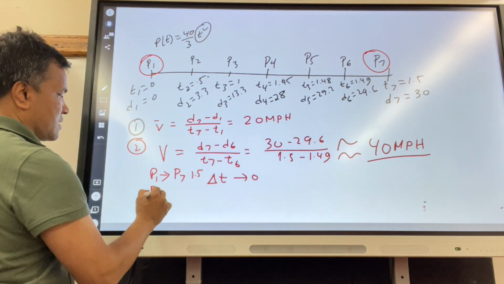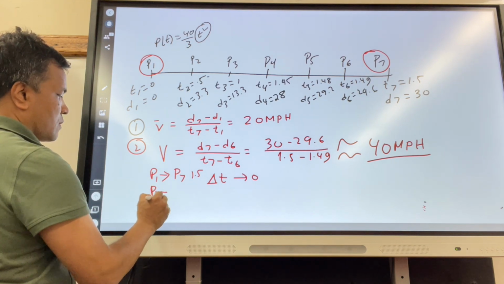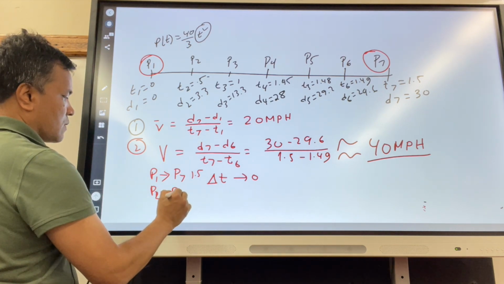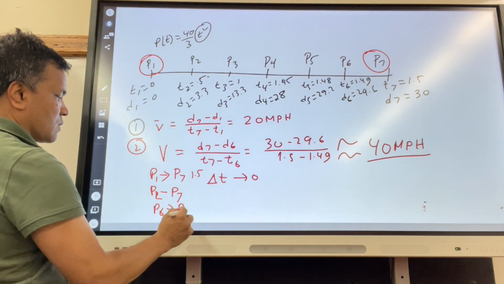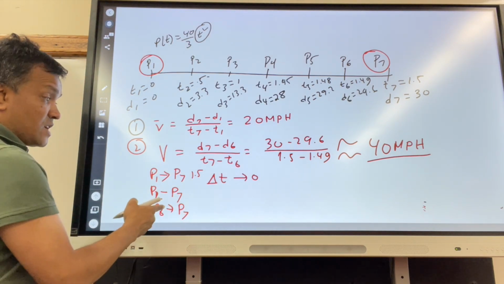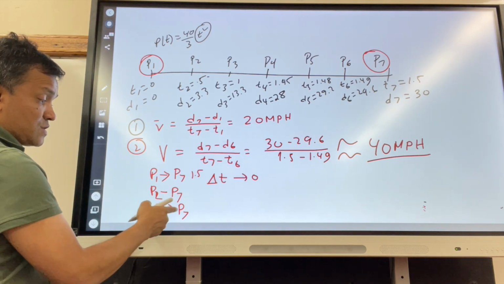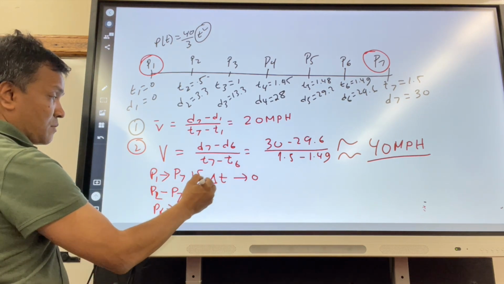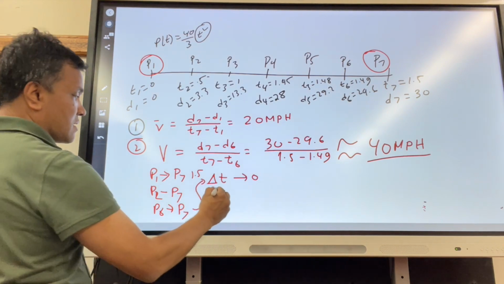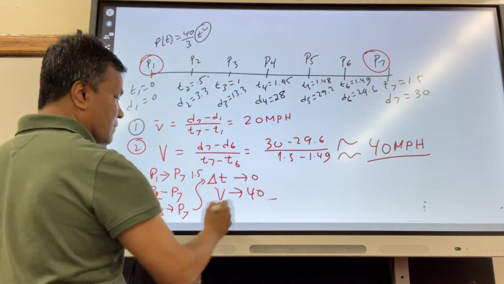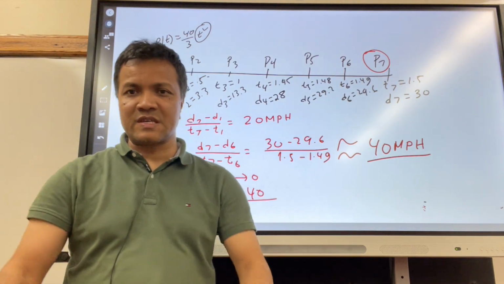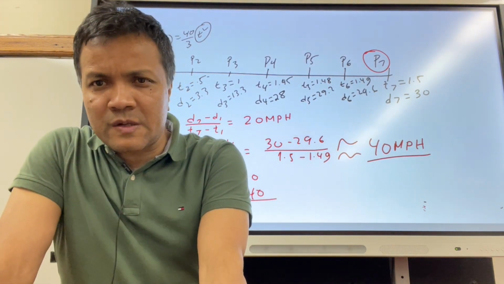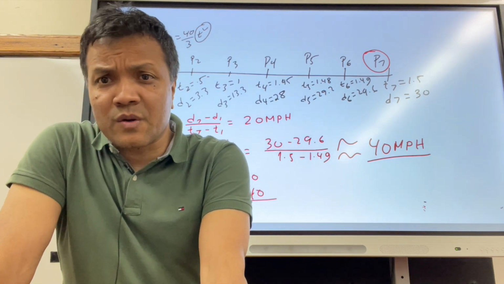The time between these two is less than 1.5, and the time between these two is almost 0. So delta t over here is almost 0. When that happens, the velocity approaches 40, because this velocity is almost 40. Okay, so that was test number 2, set number 1, and tomorrow I'm going to go over test number 2.